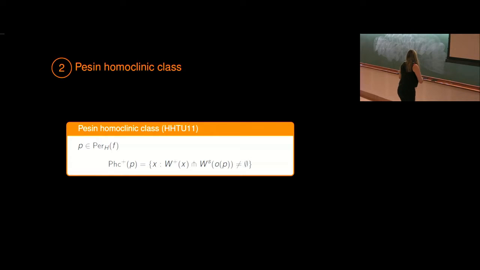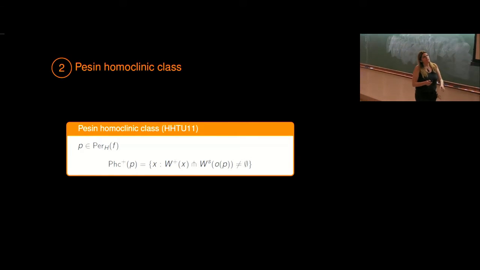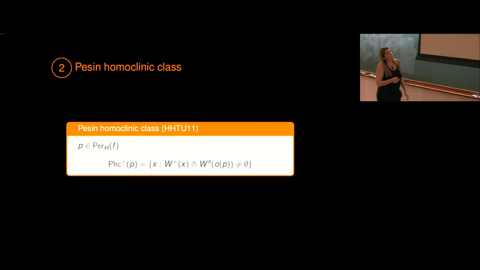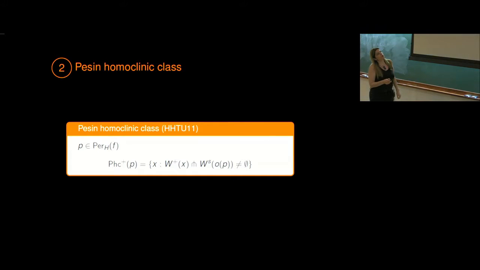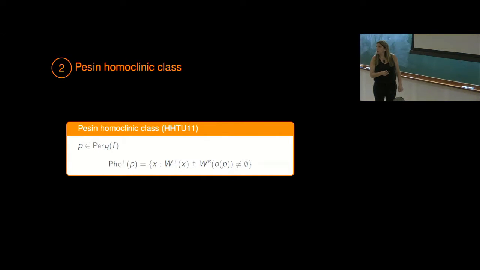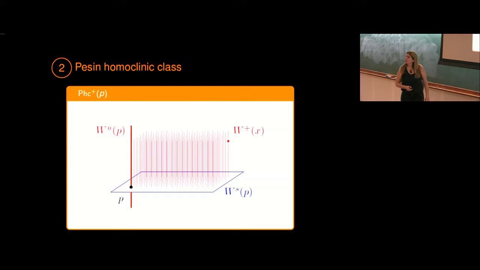But these ones are for Pesin homoclinic classes. Let me show you a picture. These are the set of points whose unstable manifold transversely intersect the stable manifold of the orbit of some hyperbolic point. It looks ugly, but with a picture you will see it better.